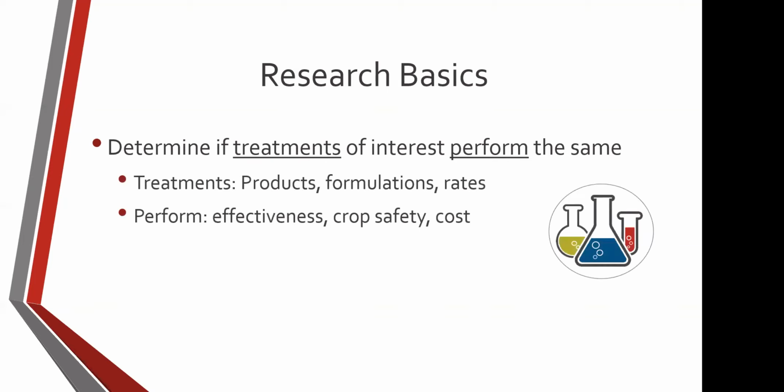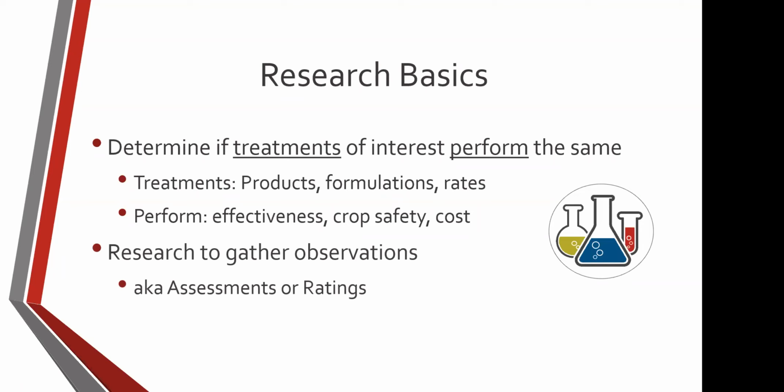The choice of treatments can be different products, different formulations, or different rates of application, all different kinds and types. But anyway, we want to know if those treatments can be distinguished from one another, if it's their effectiveness, safety to the crop, or their cost. Sometimes you might even hope that the performance is indistinguishable if your product is cheaper.